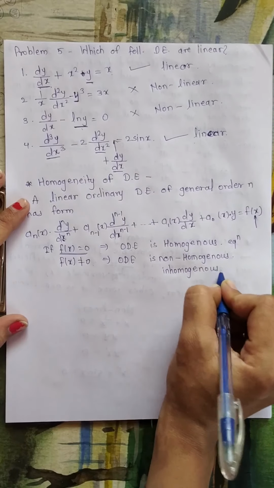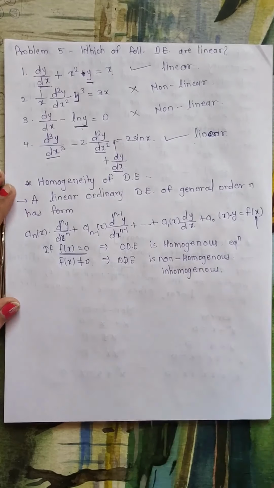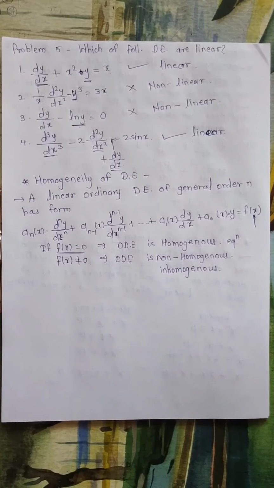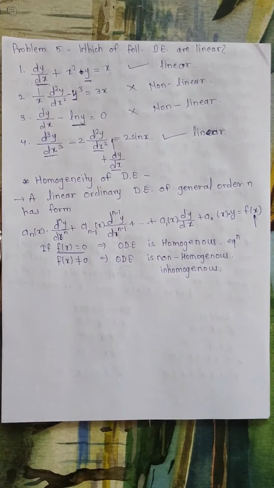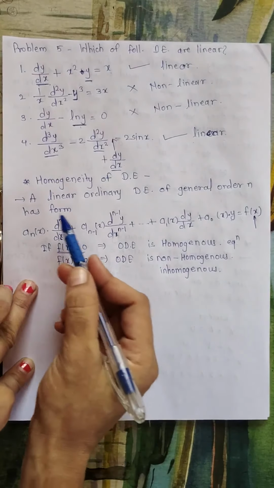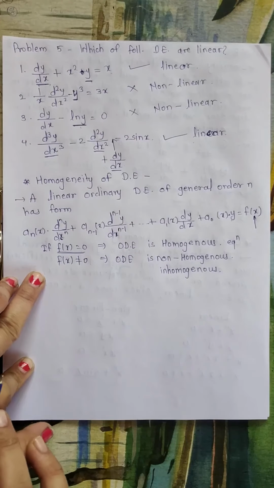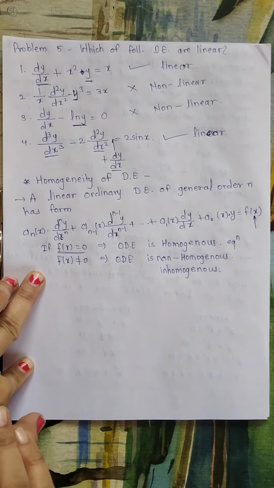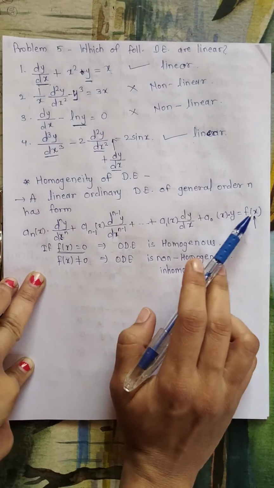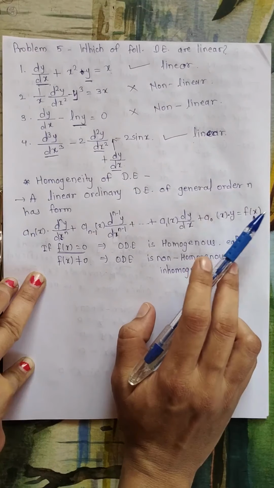So this is the classification based on the homogeneity of the differential equation. Thus, a differential equation is said to be homogeneous if each term contains the dependent variable or its derivatives. It means there should not be the presence of the independent variable, that is x, in this case.